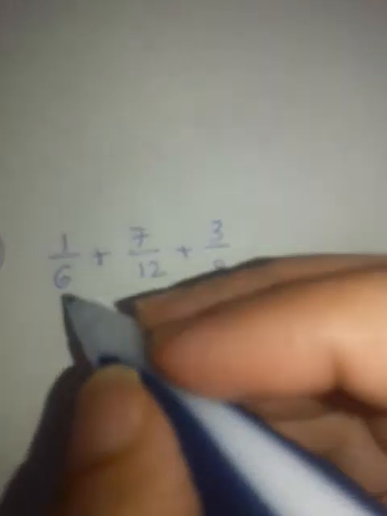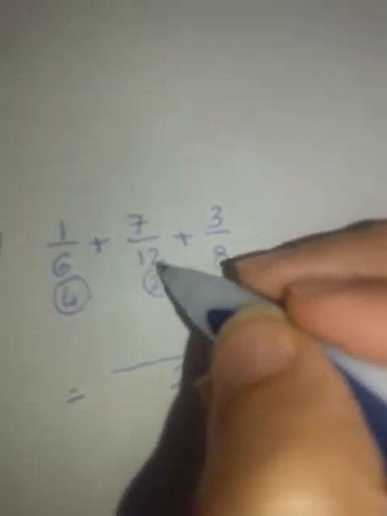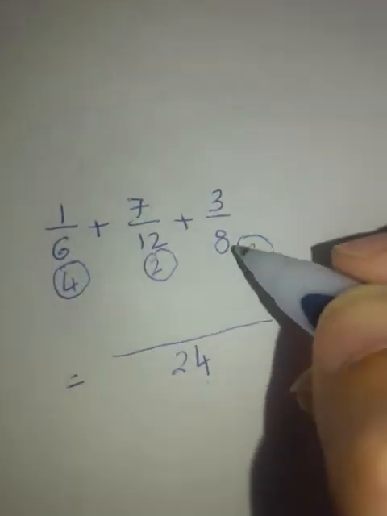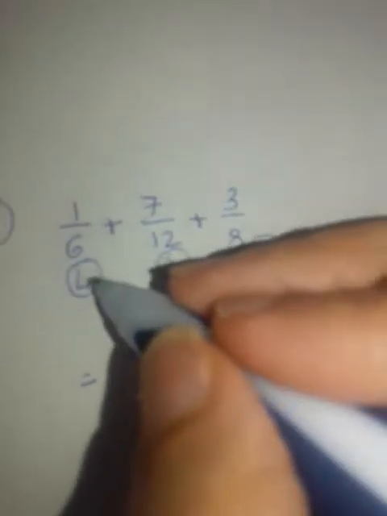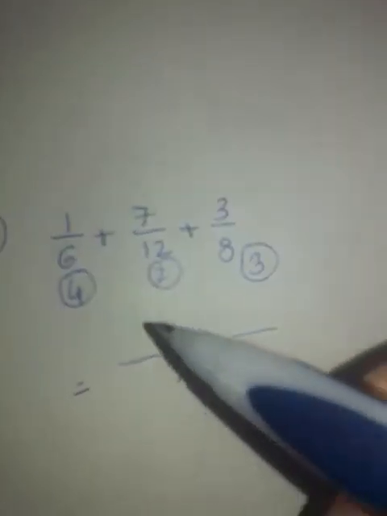Relation between them is 6 4s are 24, 12 2s are 24, 8 3s are 24. I am just writing the relation between these denominators and this LCM. Now what?